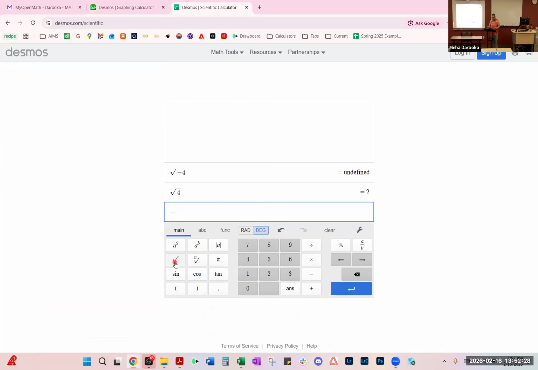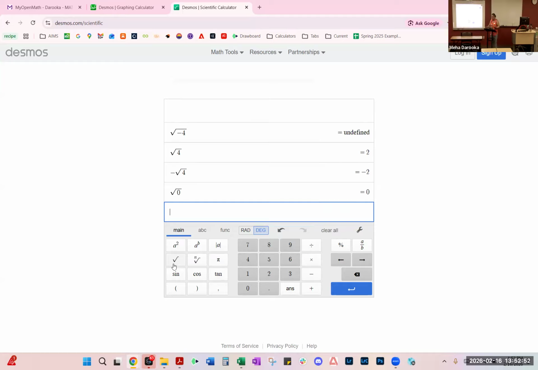If I put the negative outside and did a square root of 4, you can see the negative just follows along, right? When it's on the outside. But when the negative is on the inside of your square root, it is undefined. So that's why we cannot have anything less than 0 in our square root. Now you can take square root of 0.